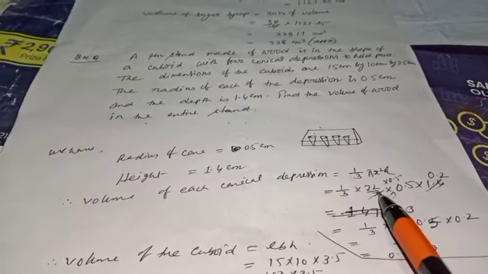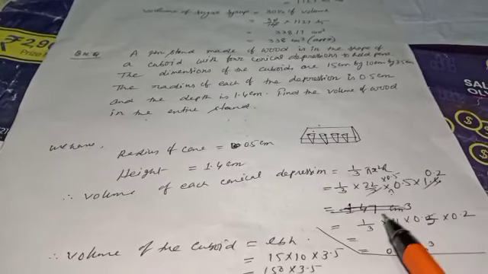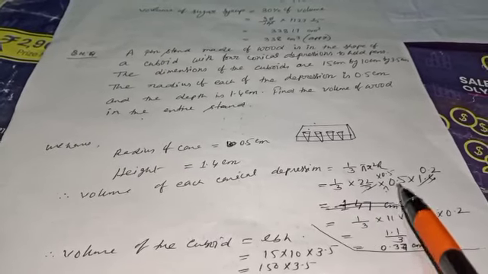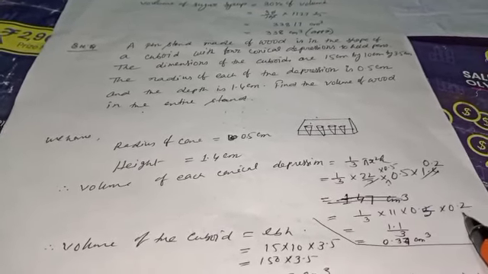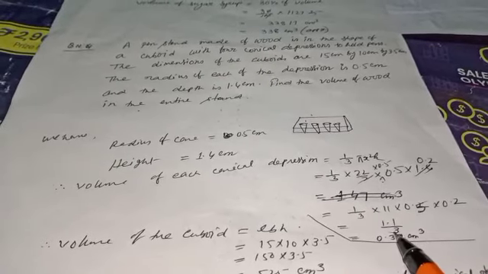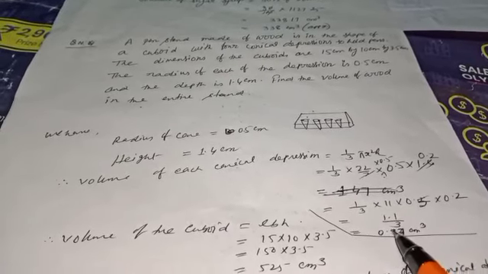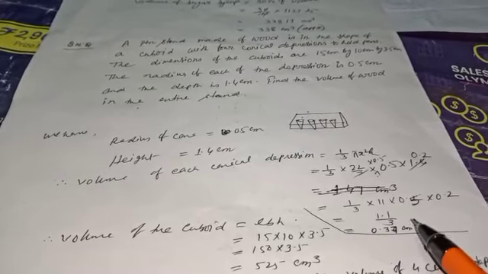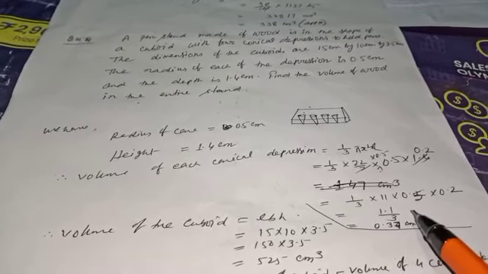If you divide 1.4 by 7, 7 into 0.2 is 1.4. Now 1 by 3, 22 into 0.5 we get 11. Again 0.5 is here, then 0.2. If you multiply, you will get 1.1 by 3. If you divide 1.1 by 3, you will get 0.37 centimeter cube. This is the volume of one conical depression.